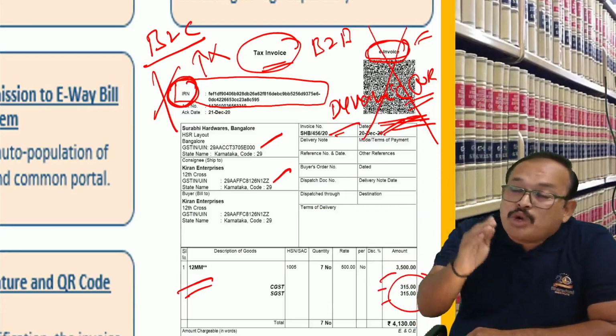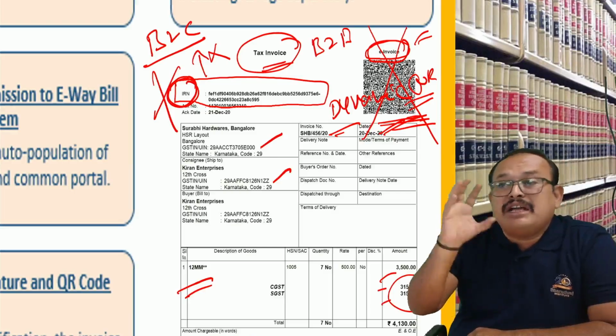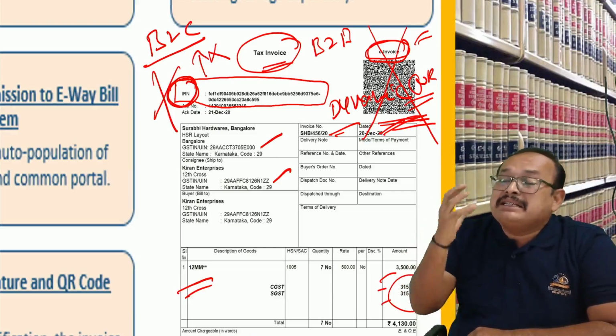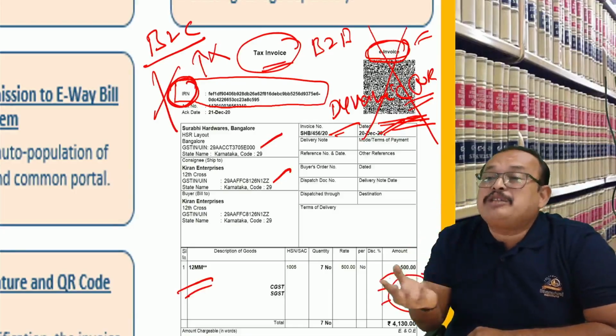With regard to intrastate supply, consolidated values can be shown for B2C transactions irrespective of the value of the invoice.